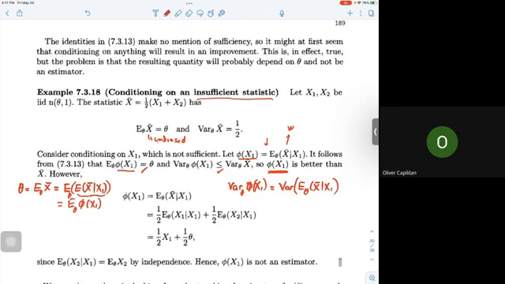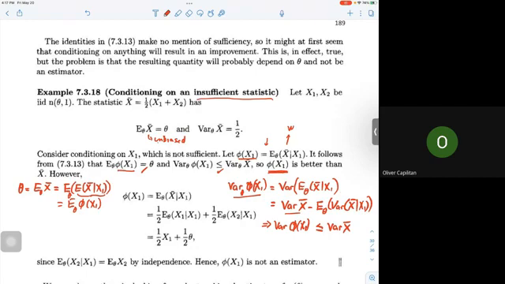The variance of the conditional expectation will be equal to the variance of X bar minus the mean of the conditional variance of X bar given X1. From this we know that the variance of phi of X1 is less than or equal to the variance of X bar, since there is a minus term.